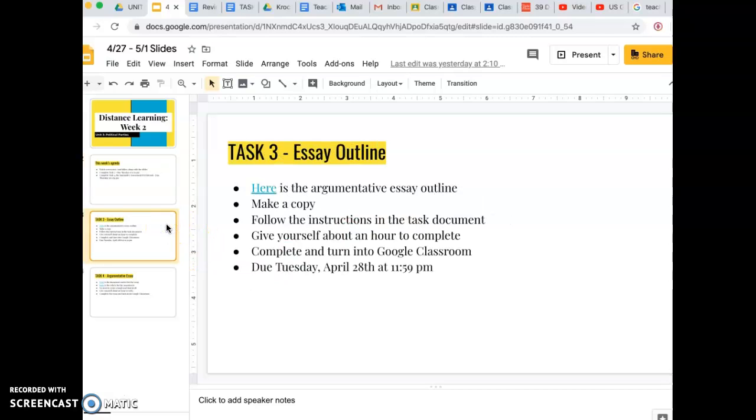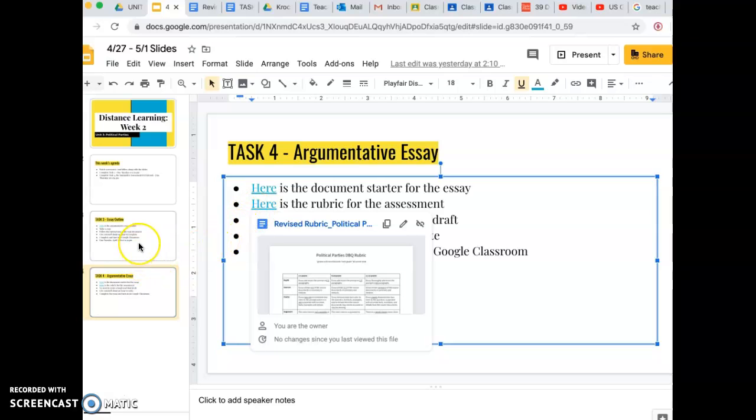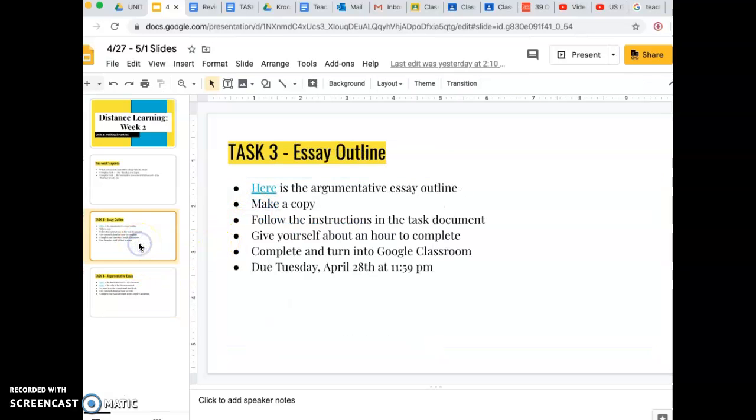Let's take a look at Task 3. First of all, before we do this, if you want to go ahead and open up the rubric, you can access the rubric for the summative assessment here or on Google Classroom. Once you have that open, go ahead and come back to this slide. Excellent.